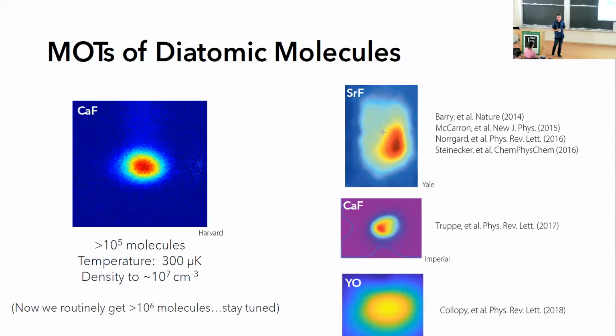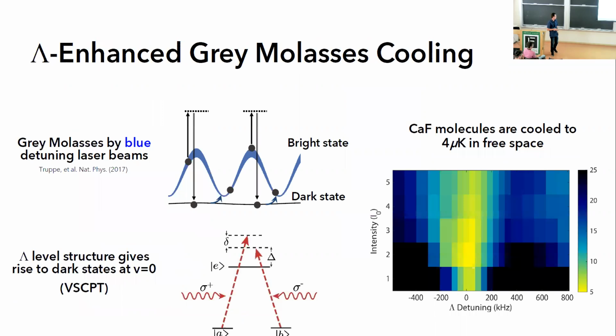Well, this has to do with the fact that you actually have sub-Doppler heating forces within your molecule, Sisyphus-like heating forces. Now, we can actually make use of these Sisyphus-like effects by, instead of having our MOT beams red detuned, as we typically have when we make an actual MOT, blue detuning these MOT beams, and now going about doing what's commonly referred to as gray molasses cooling.